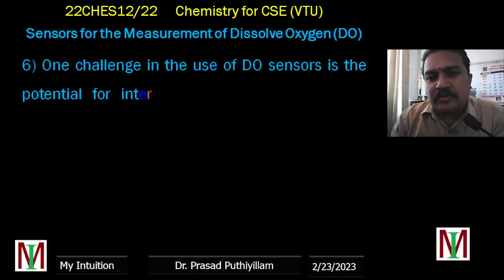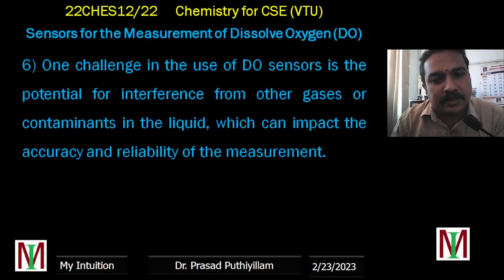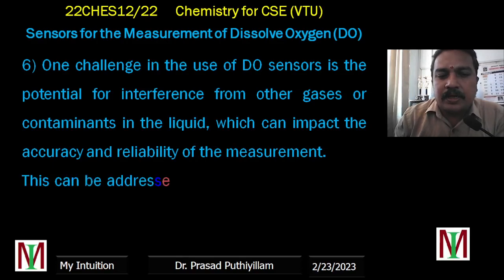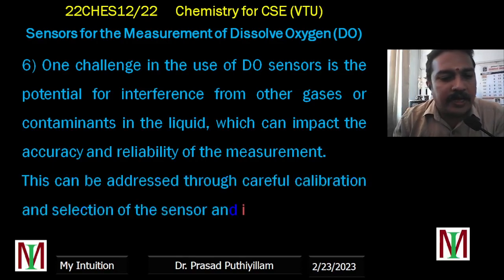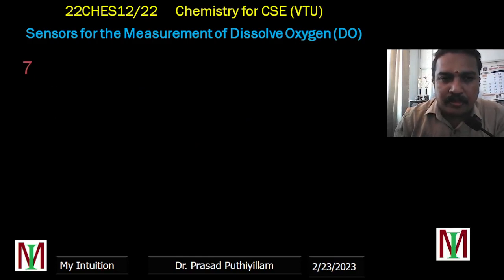One challenge in the use of dissolved oxygen sensors is the potential for interference from other gases or contaminants in the liquid, which can impact the accuracy and reliability of the measurement. So one of the challenges that we have is already given here. It can be addressed through careful calibration and selection of the sensor and its components.